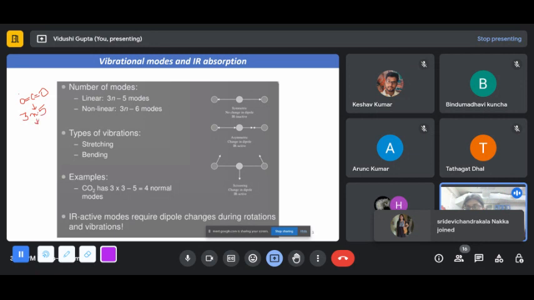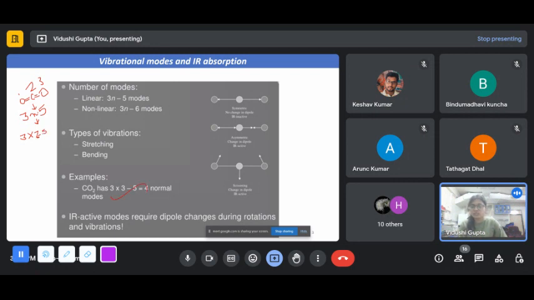Here there are 3 atoms, so it will be 3 into 3 minus 5, that is 9 minus 5, that is 4. So CO2 has 4 normal modes.